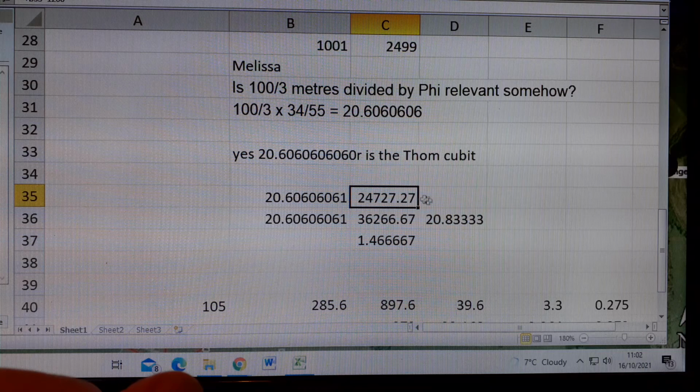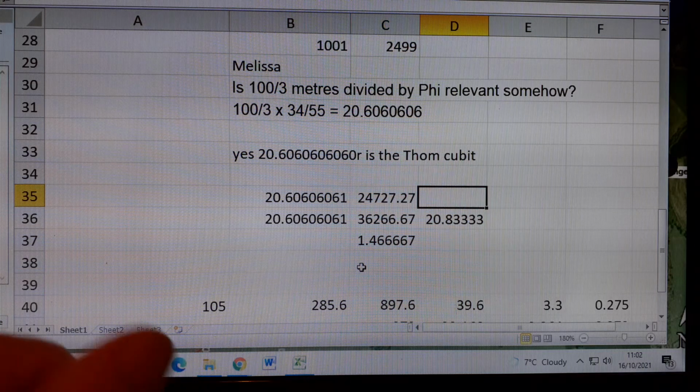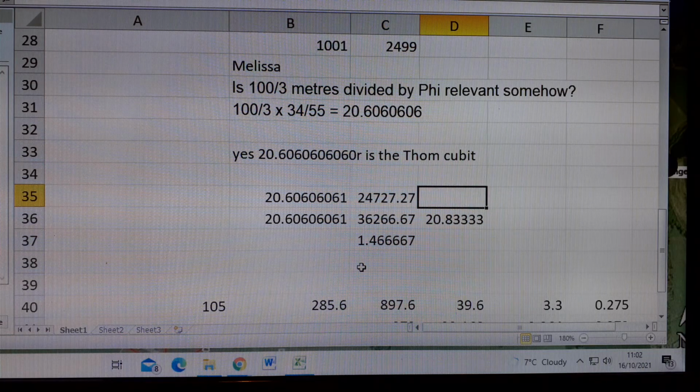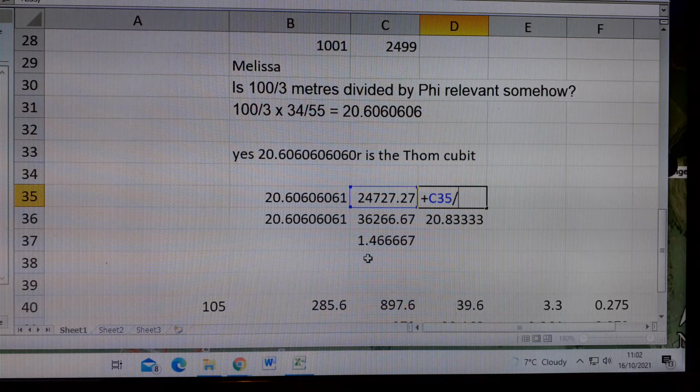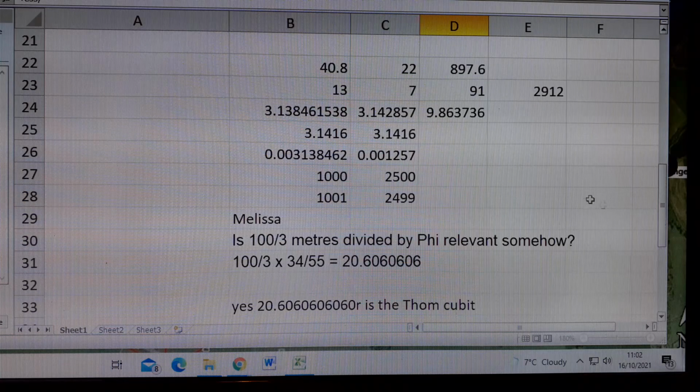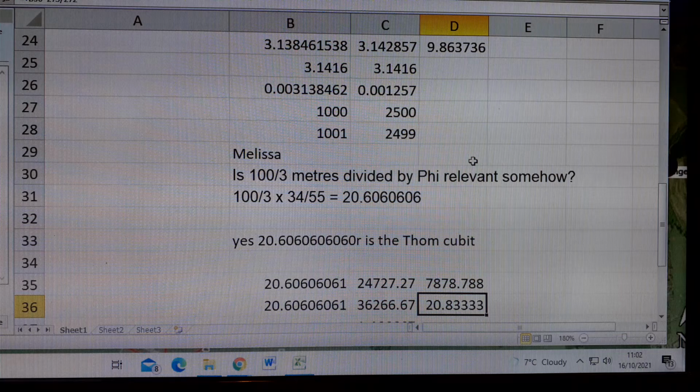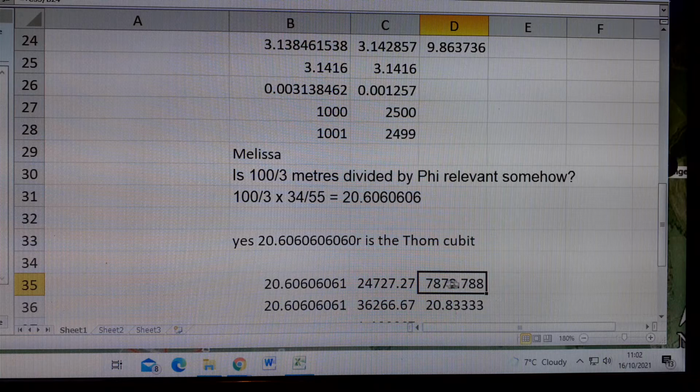Now this version of the Earth's circumference has to be used with Thom pi. So we go plus that divided by, and we go looking for Thom pi. And it's there. 787878.